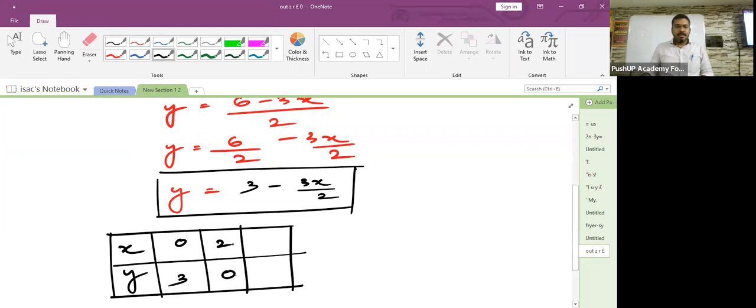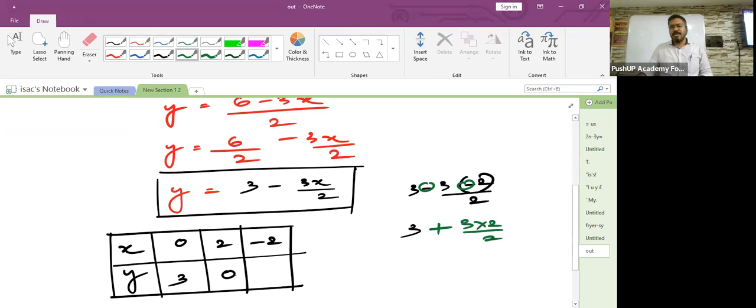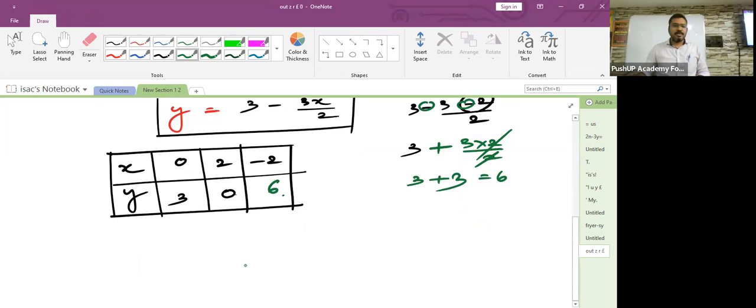Am I right? X is equal to minus 2. So 3 minus 3 into minus 2 divided by 2. Plus 3 into 2 is 6. Otherwise, you can write it as 3 into 2 by 2. 2 and 2 will get cancelled. So 3 plus 3, which is 6. You got all the 3 points, right?